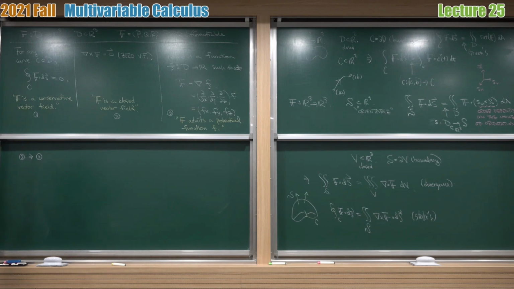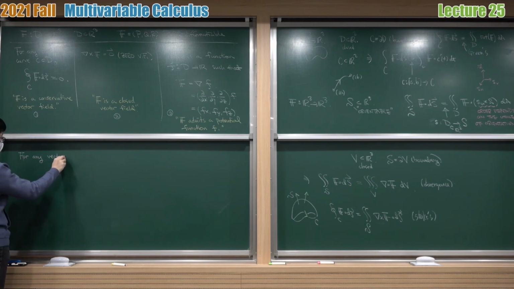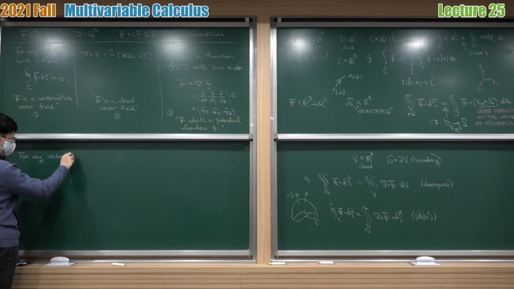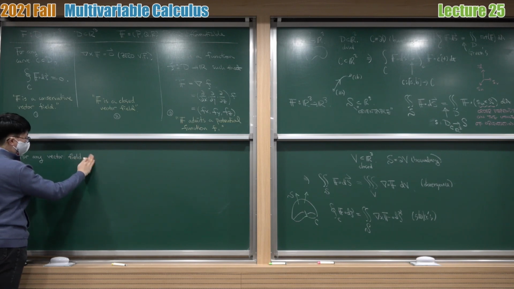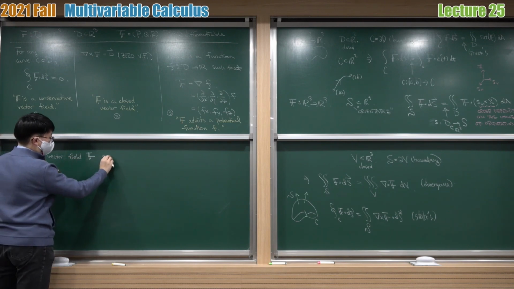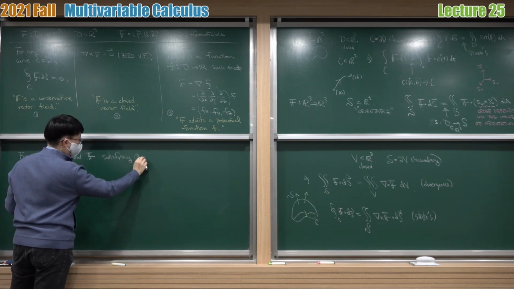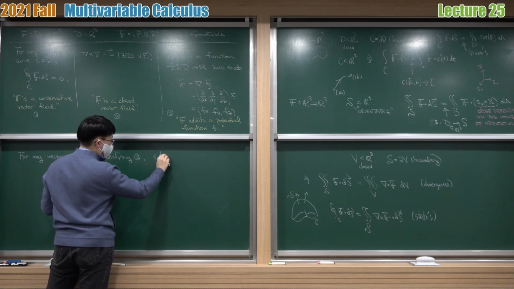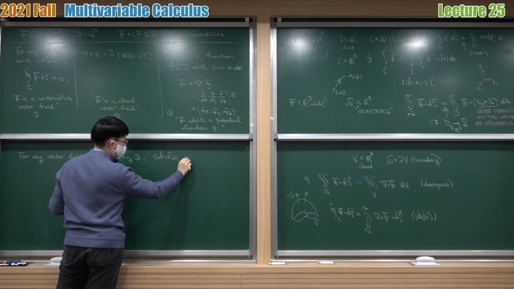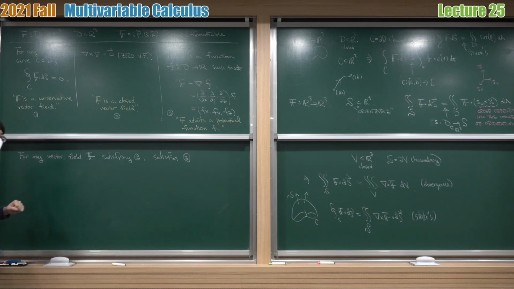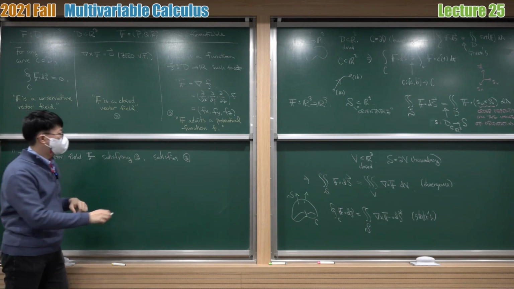But what we are going to prove is the following: any vector field F satisfying 2 satisfies 3. That's the statement that I'm going to prove now.